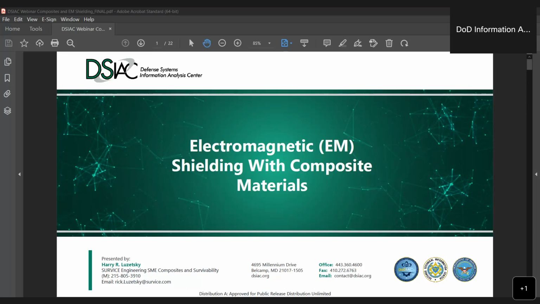I think their purpose is to obscure the signature of the combat vehicles from the point of view of radar detection, but it could also be a possibility to protect the device on this combat vehicle from electromagnetic radiation, like high power electromagnetic radiation. So my question actually was, can we do both?